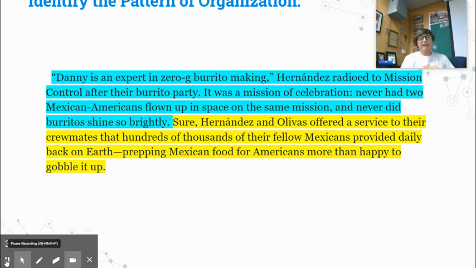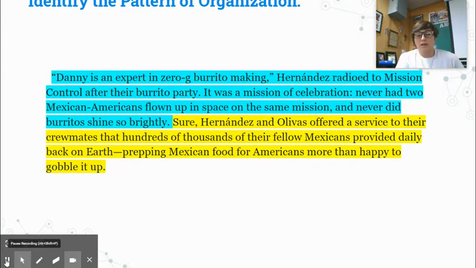All right, let's read it and try to identify the pattern of organization. All right, so Danny is an expert in zero-G burrito making. Hernandez radioed to Mission Control after their burrito party. It was a mission of celebration. Never had two Mexican Americans flown up in space on the same mission, and never did burritos shine so brightly. Sure, Hernandez and Olivas offered a service to their crewmates that hundreds of thousands of their fellow Mexicans provided daily back on Earth, prepping Mexican food for Americans more than happy to gobble it up.